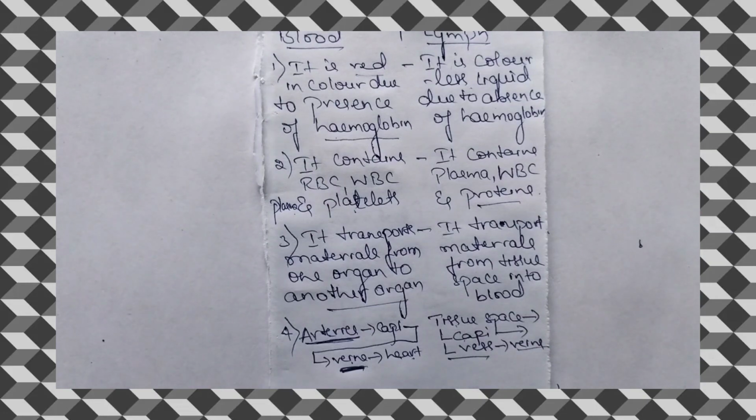Both together are called vascular bundles, and these two tissues are vascular tissues because they make the material get transported. One will transport water, that is xylem, another will transport food, that is phloem.